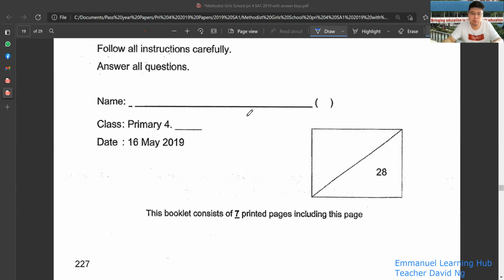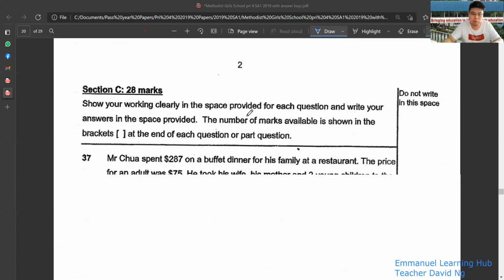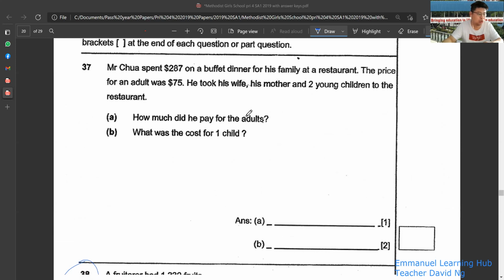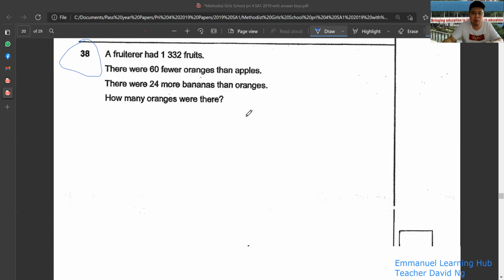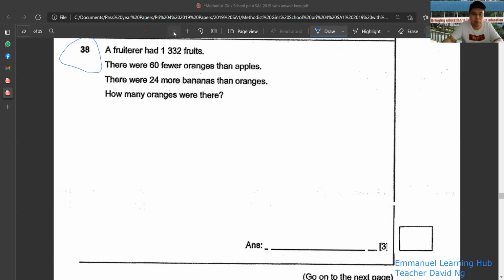Section C. This one you got it right. I will go through. 38. A fruiterer had 1332 fruits. There were 60 fewer oranges than apples. There were 24 more bananas than oranges. How many oranges were there?